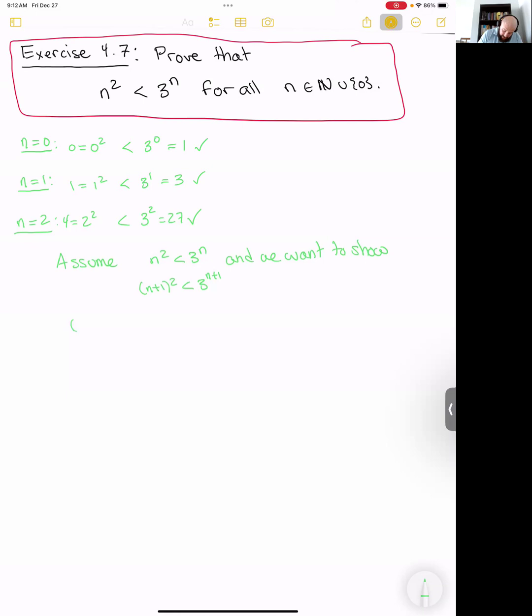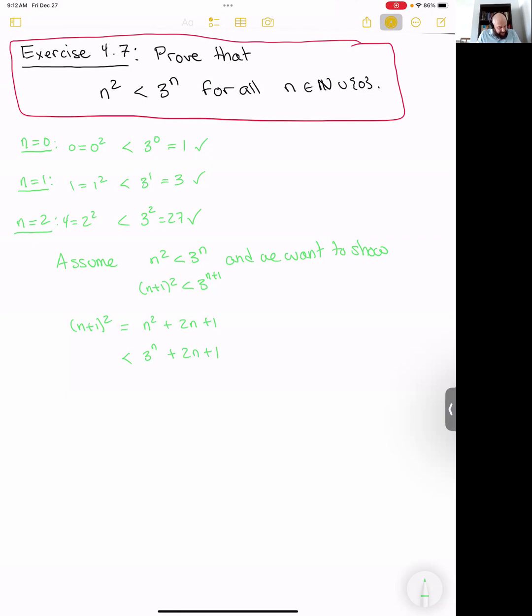Let's start with the left-hand side. First of all, let's just factor this out. So we get n squared plus 2n plus 1. Again, we want to try to use the inductive hypothesis. When I square it out, I see an n squared, which lets me use the inductive hypothesis. So this n squared is less than 3 to the n, and I can't do anything with these other terms, right?